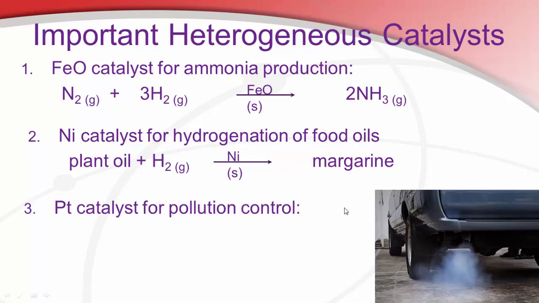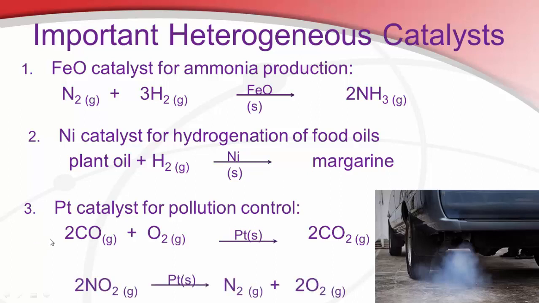And maybe the most common artificial process, platinum catalysts in catalytic converters convert 2 very toxic gases, carbon monoxide and nitrogen dioxide. In both cases, platinum can catalyze a reaction to make much more innocuous gases.